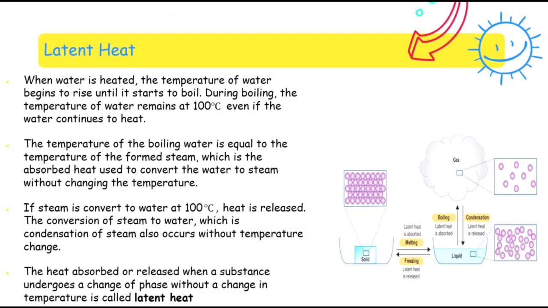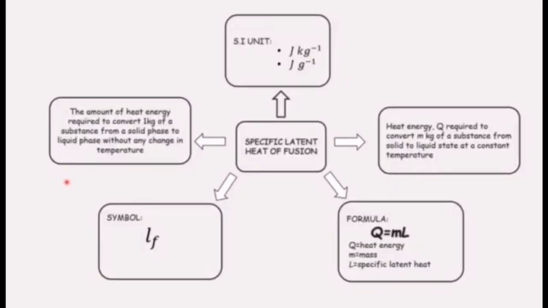Hi everyone. Now I would like to talk about specific latent heat of fusion. Specific latent heat of fusion is the amount of heat energy required to convert 1 kilogram of a substance from solid phase to liquid phase without any change in temperature. We can use this symbol to represent the specific latent heat of fusion.